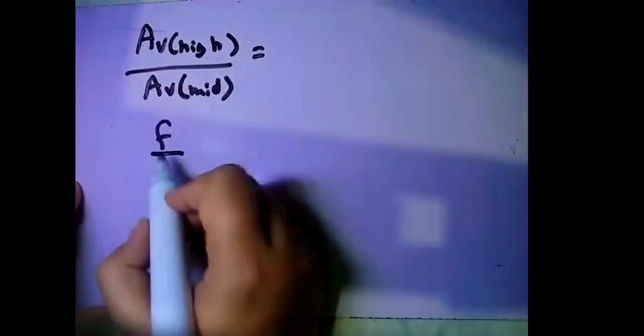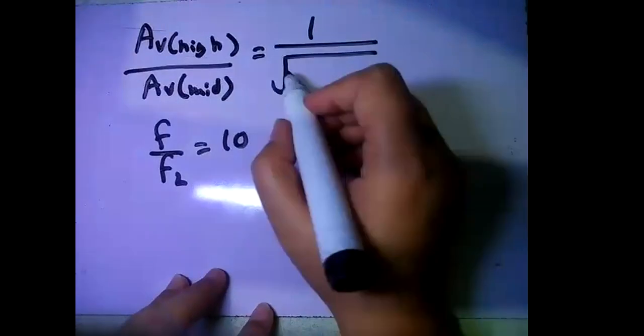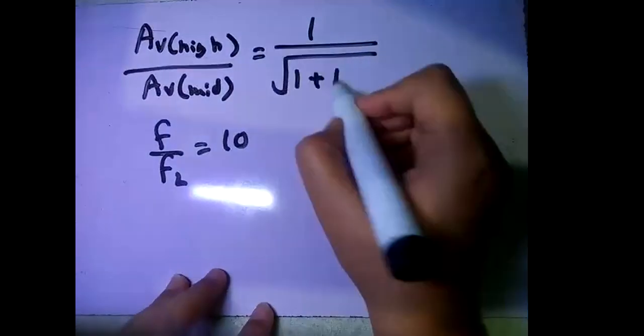If we consider the ratio high over mid, with f over f2 equal to 10, I am going to put the relation for the ratio 10, then it will become 1 divided by under root of 1 plus 10 square.